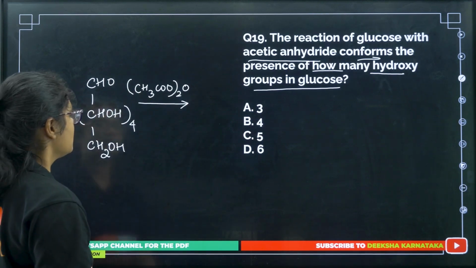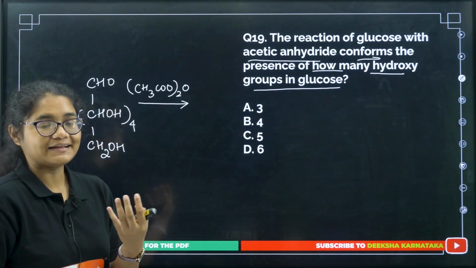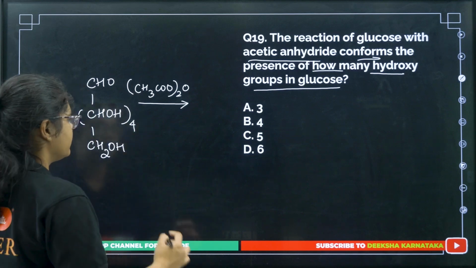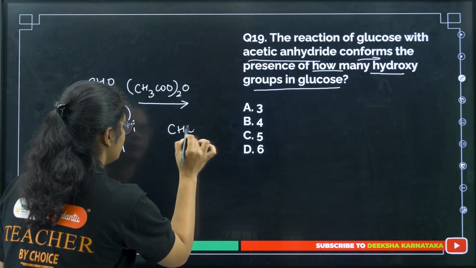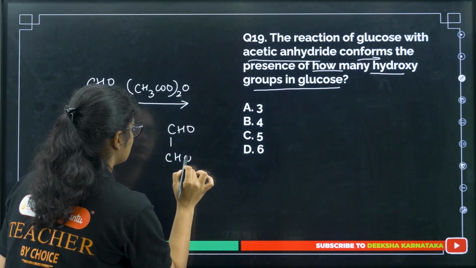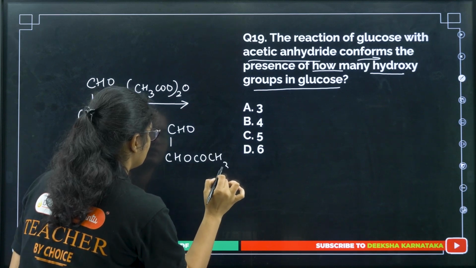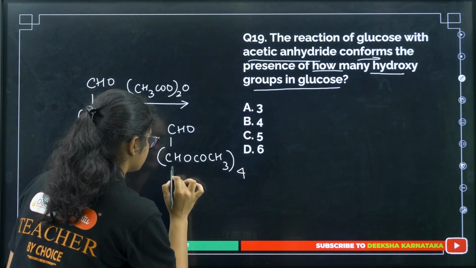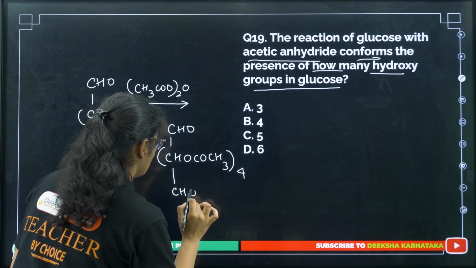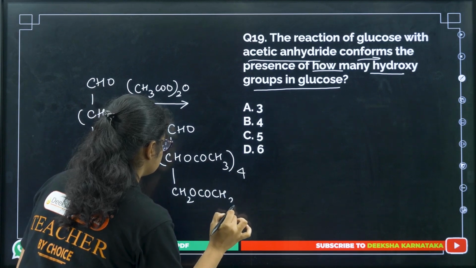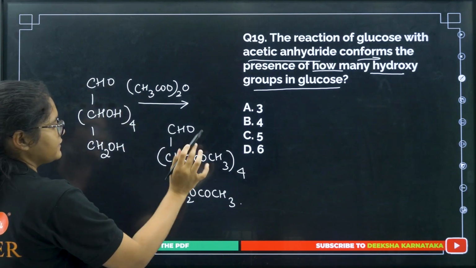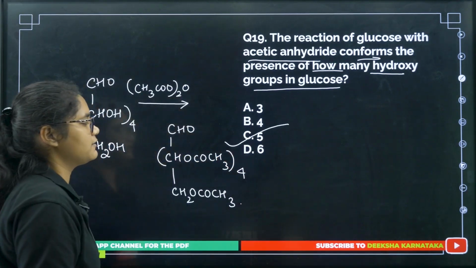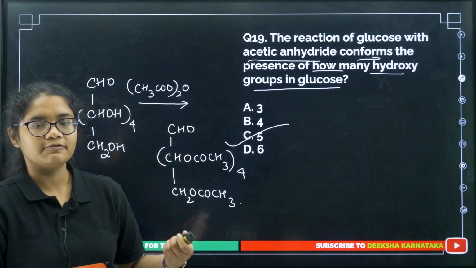So what happens here? This OH group becomes acylated. So we get a product here: CHO, CHOCOCH3 4 times, then CH2OCOCH3. So how many OH groups are there? 5 OH groups are there. So this tells you that there are 5 OH groups.